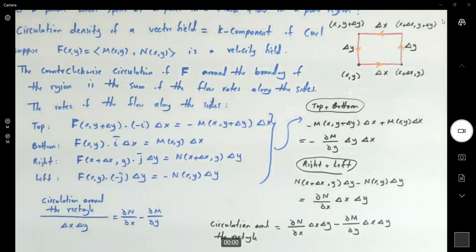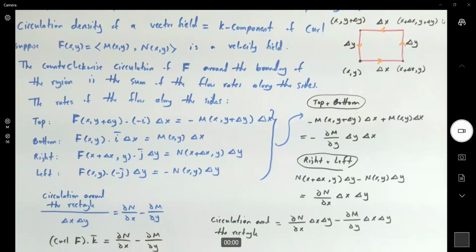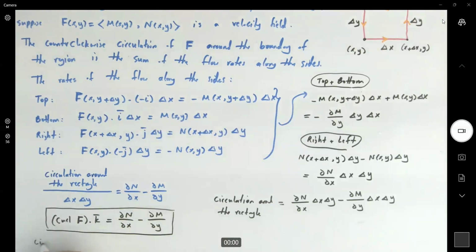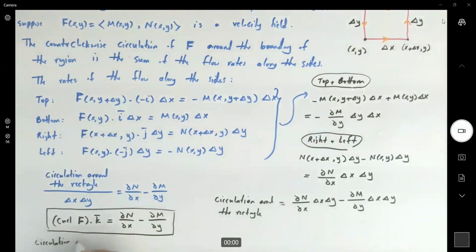This is represented by curl of F dot k, the partial derivative of N with respect to x minus the partial derivative of M with respect to y. Circulation density.